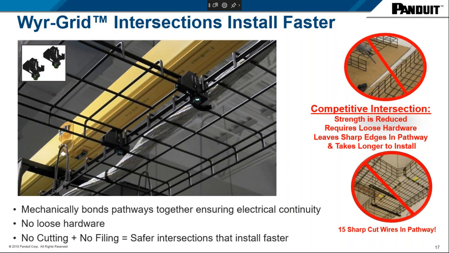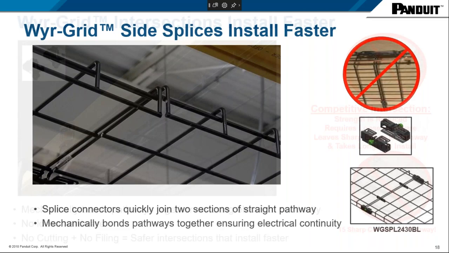And again, the installer didn't have to muddle around with a lot of loose hardware. The hardware was there. They're just tightening down bolts, and they were able to get a 90-degree intersection in less than a minute. That just goes to showcase how we were able to minimize a lot of that labor. There was no cutting involved. No loose hardware. So again, this is how we're able to get to that 50% labor savings.